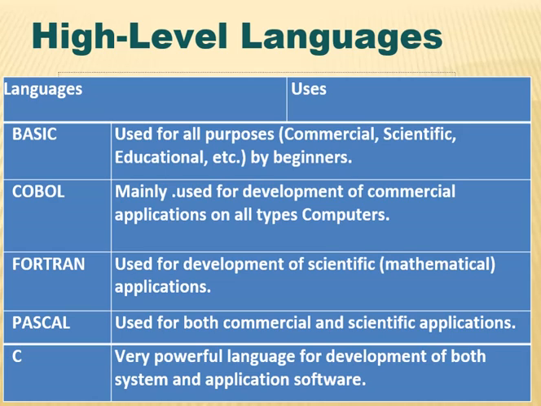Then Pascal. Pascal is actually the name of a scientist. Then C. C is one of the very powerful languages for development of both system and application software. But of course C doesn't stand for anything. They've just named it C.